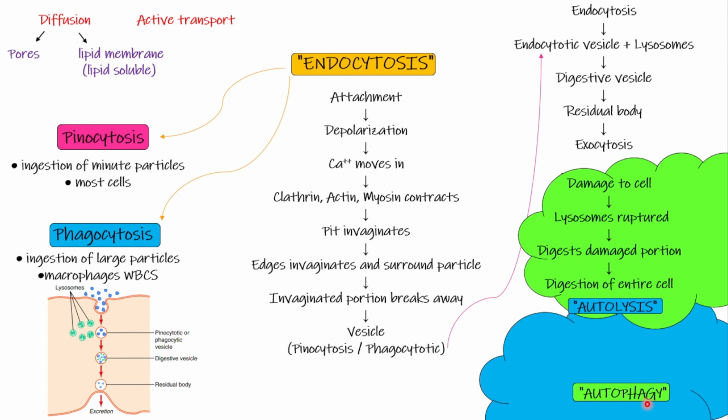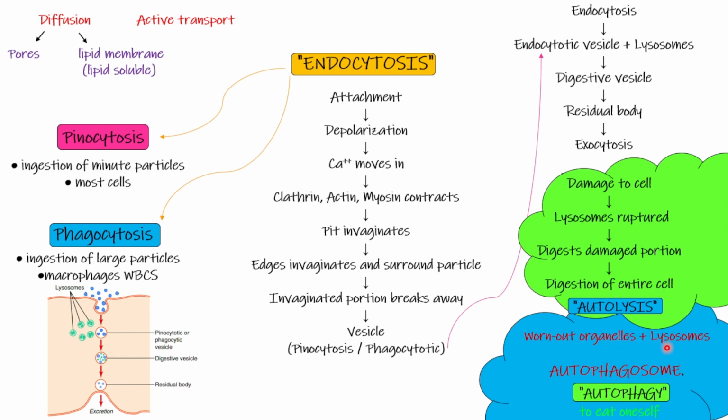It is self-eating. For instance, any organelle which is worn out, the lysosomes take that organelle and break it down, not causing lysis of the complete cell, just the killing of the damaged or worn out organelle.